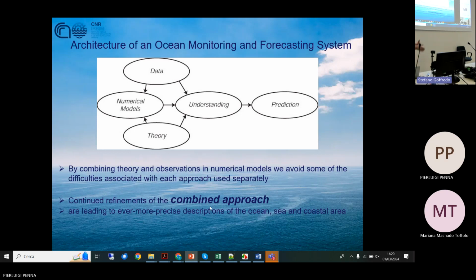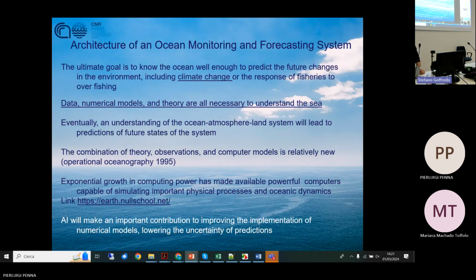This is a continuous process of refinement to reach the goal of making the forecast as accurate as possible. The ultimate goal is to know the ocean well enough to predict future changes in the environment, including climate change or the response of fisheries to overfishing. So, data, numerical models, and theory are all necessary to understand the sea.